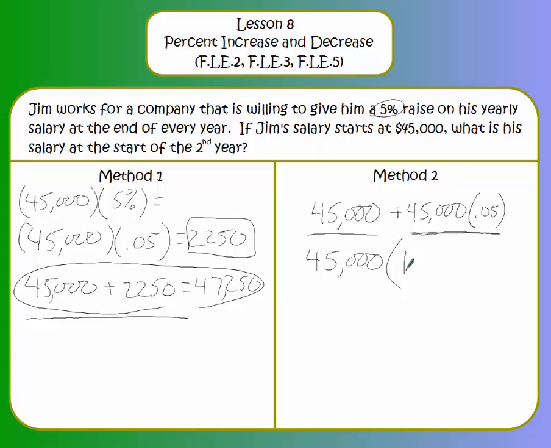And if I factor the 45,000 out of this, I'm just left with this 0.05. So I have plus 0.05. In other words, if I simplify this even more, I would have 45,000 times 1.05, because that's what 1 plus 0.05 is.